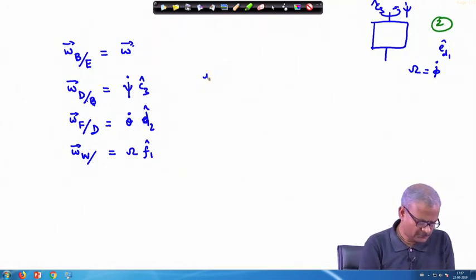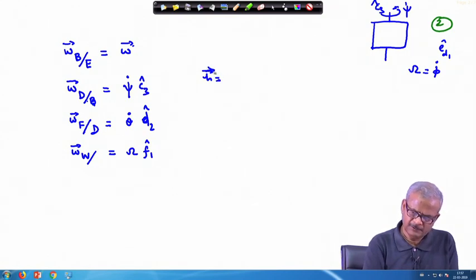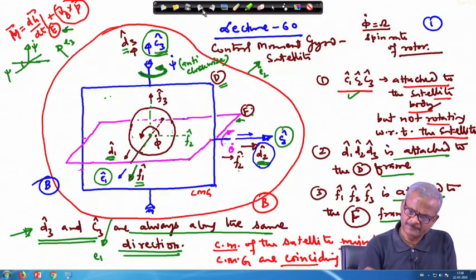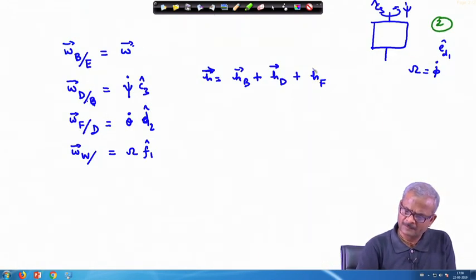Now, here the total angular momentum can be written as the summation of the main body, then the outer frame which we have noted as d, and then the f frame, and then the angular momentum of the wheel.